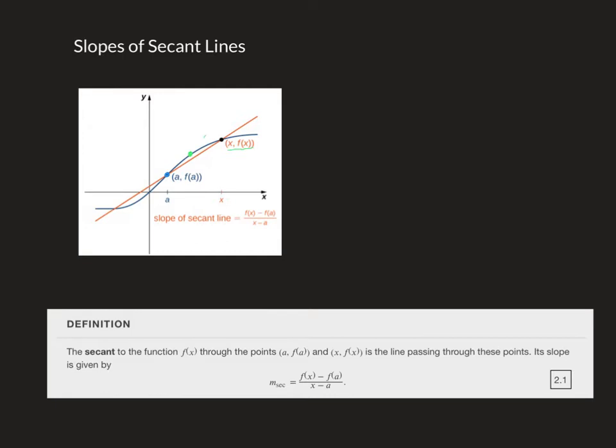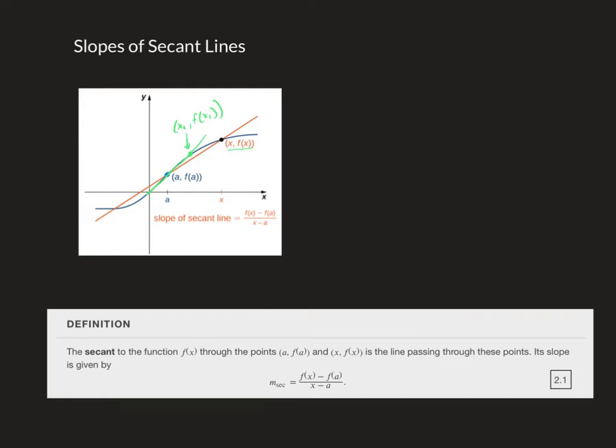Now, if I draw a green tangent line that looks decent, the green line would be a better approximation of the slope at a. So this new point would be maybe x1 comma f of x1, because it's a different point. And I can compute the slope using the same exact formula. How do I get an even better approximation than that green line?